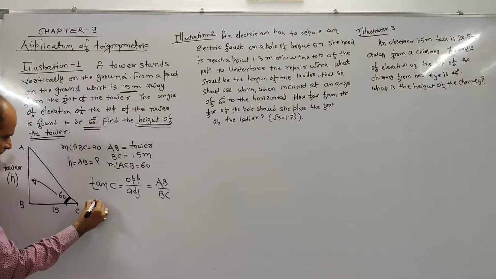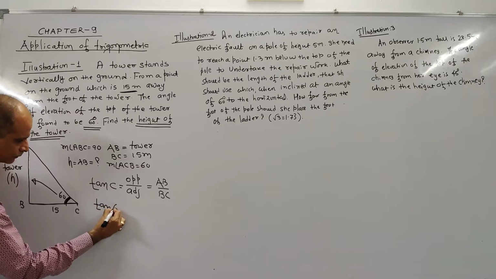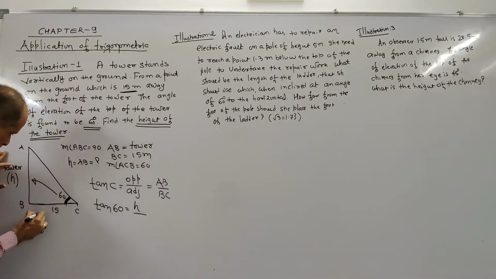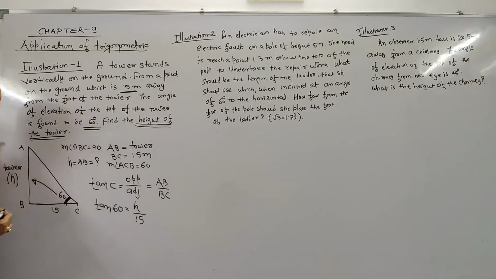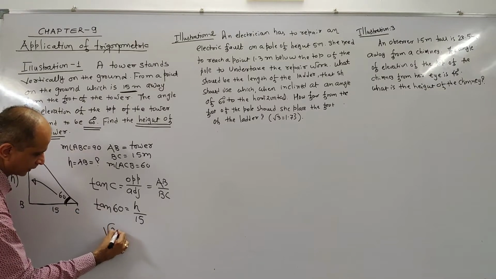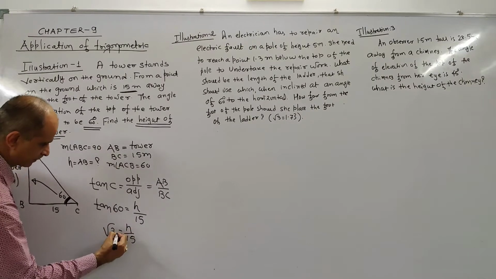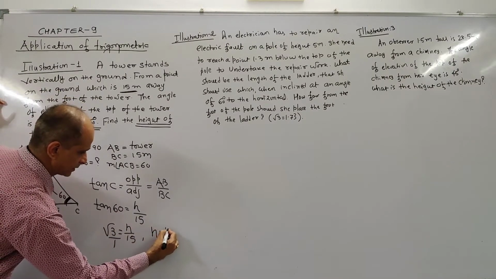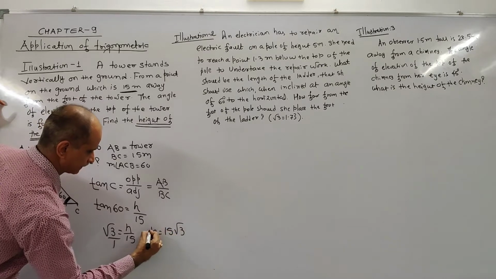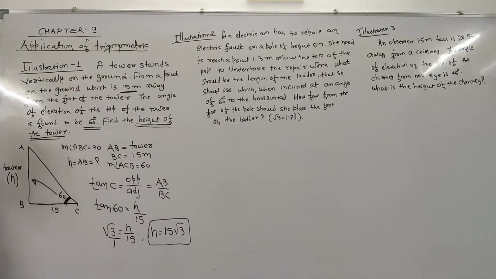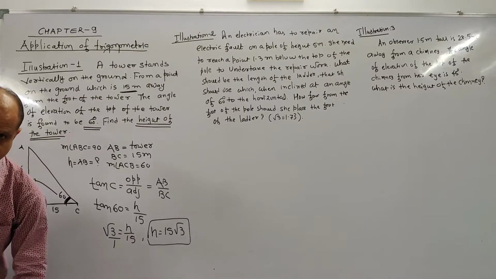Now you know tan C means tan 60. Tan 60 is equal to AB means H upon BC means 15. You know tan 60 means root 3. So root 3 is equal to H upon 15. If you cross multiply, H is equal to 15 root 3. So the height of the tower is 15 root 3.